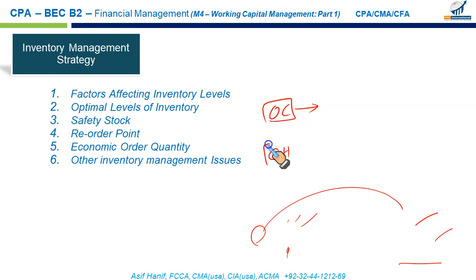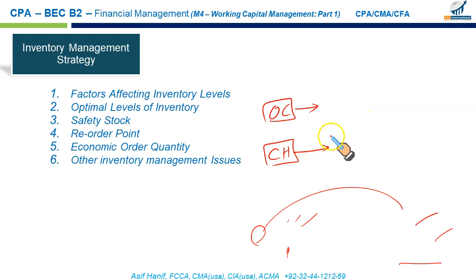When you hold the goods in your warehouse, there is rent to be paid, salary of the staff who take care of the inventory, insurance of your inventory. Then with the passage of time, inventory becomes deteriorated, it gets stolen, it becomes outdated. All these are in the carrying cost, or the holding cost.